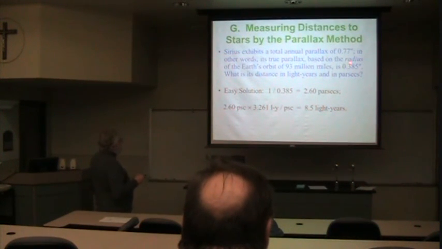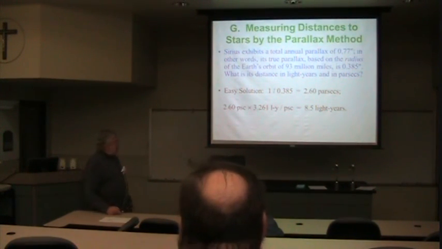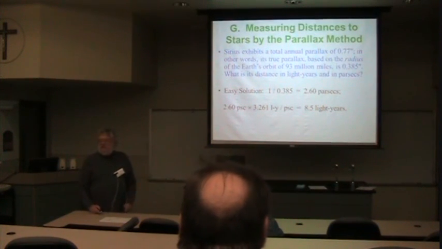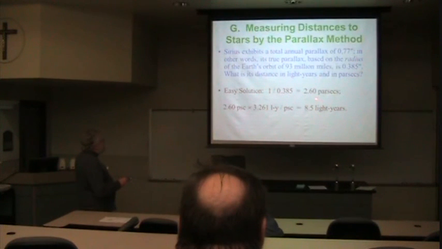And the radius, half that distance based on the 93 million miles, is half of that, 0.385 seconds. The easy way to do this is the way the definition of a parsec is set up. The distance is just the reciprocal of the parallax. So 1 over 0.385 is 2.60 parsecs, and there's our conversion factor. It tells us that Sirius is 8.5 light years away.